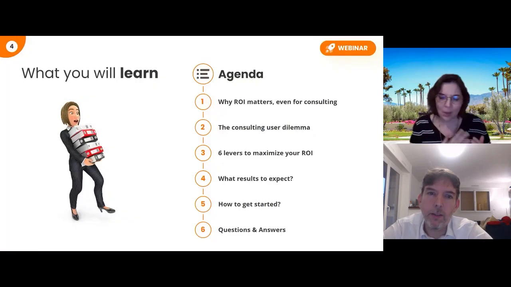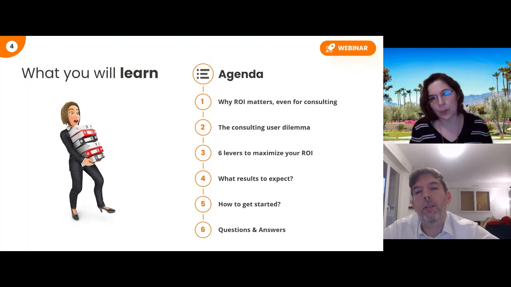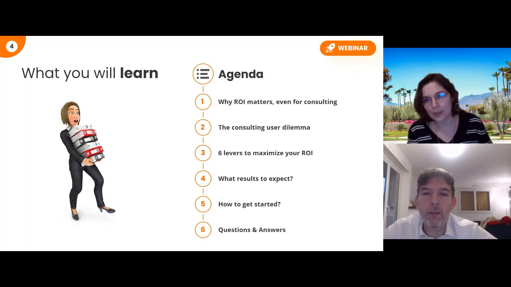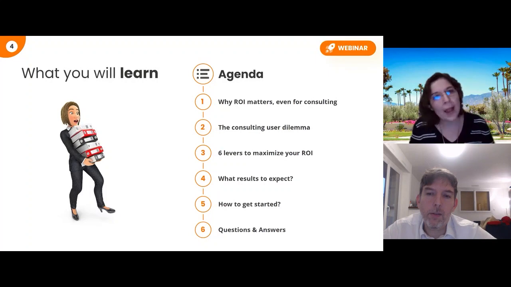Then we can go to the 6 levers to maximize the ROI of your consulting spend. We'll spend a little time on each one of those levers, what results to expect if you decide to use them to maximize your ROI, and how to get started. We'll also give you a few pointers and access to our toolbox. Of course, we have a question and answer section at the end.